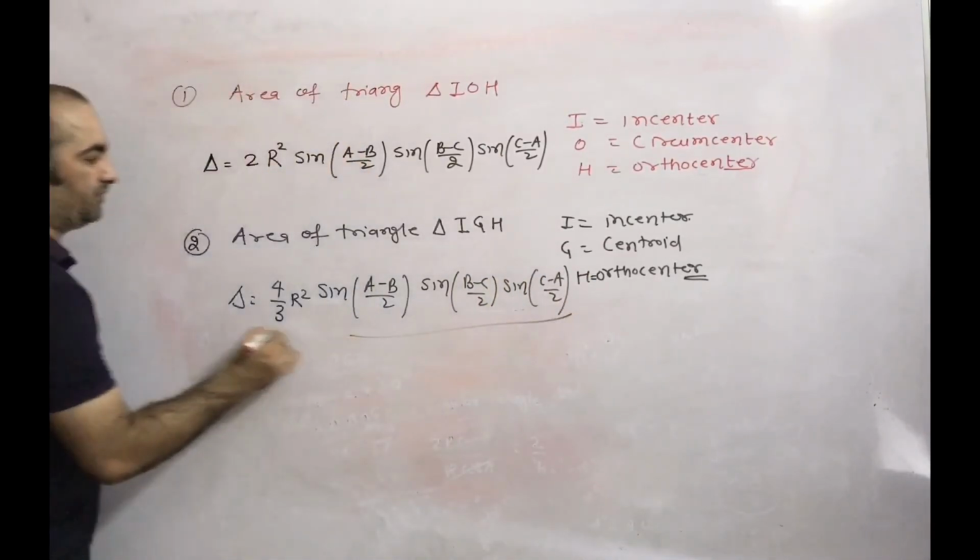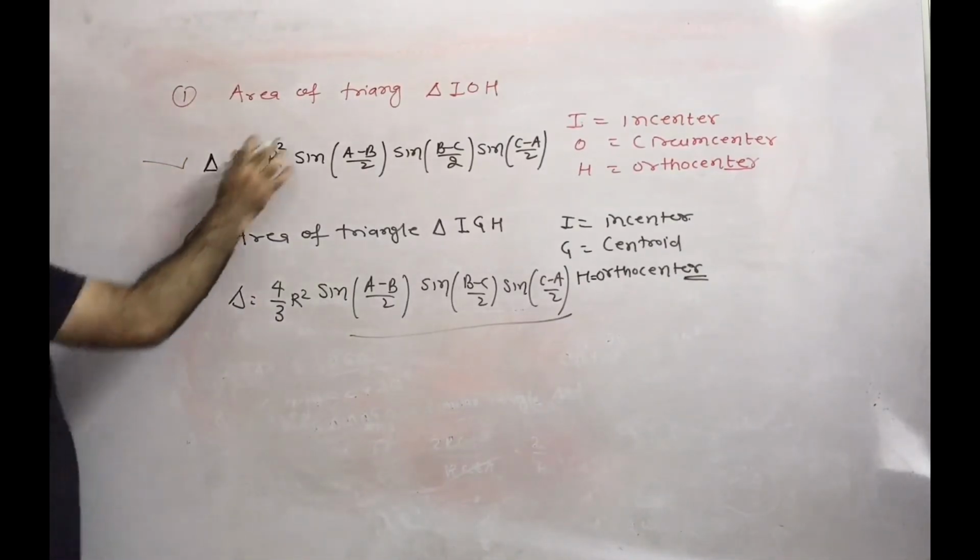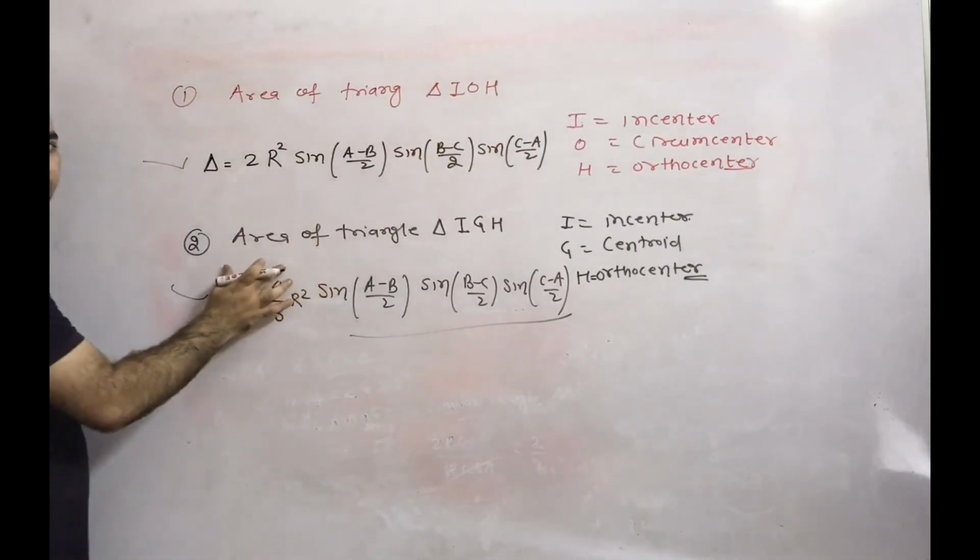So these two formulas we can remember directly for the area of triangle IOH and area of triangle IGH.